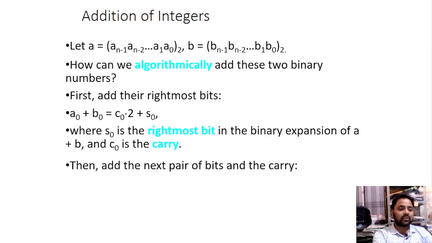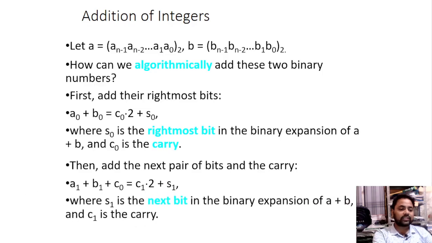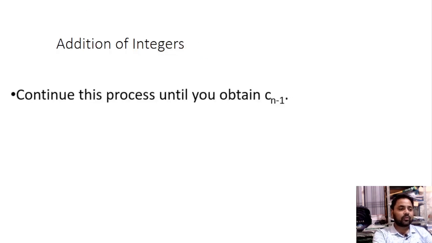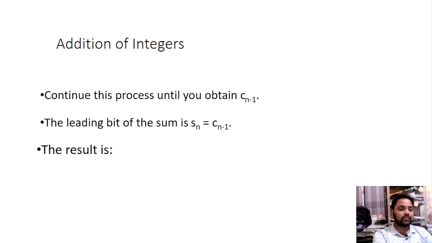Then add the next pair of bits and the carry: a_1 plus b_1 plus c_0 is equal to c_1 times 2 plus s_1, where s_1 is the next bit in the binary expansion of a plus b and c_1 is the carry. Now continue this process until you obtain c_(n-1). The leading bit of the sum is s_n equal to c_(n-1). The result is a plus b equals s_n, s_(n-1), up to s_1 s_0 to the base 2.